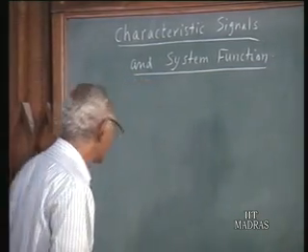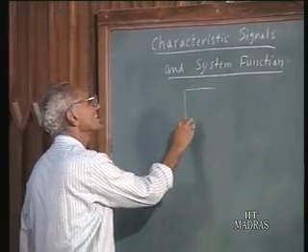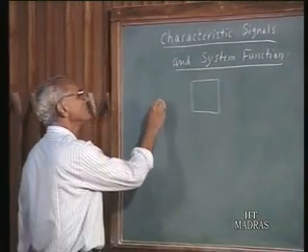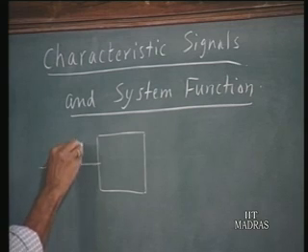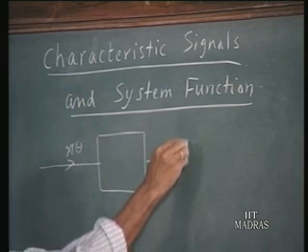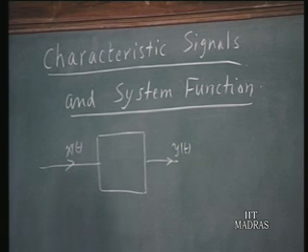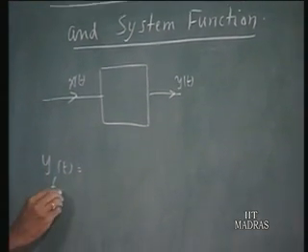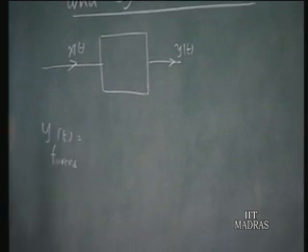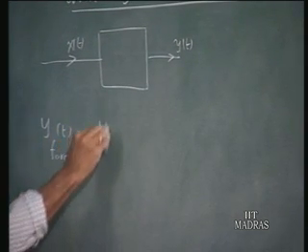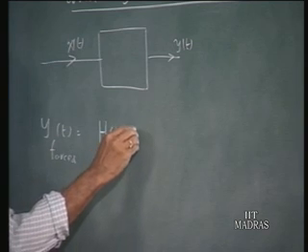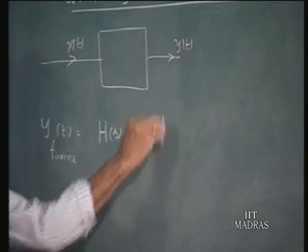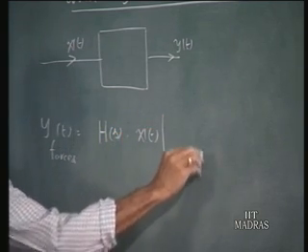So, what we have seen now is that if we are talking about a linear time invariant continuous time system represented by this black box with an input x(t) and an output y(t), then the forced response of the system, instead of particular integral solution, I am calling Y_F(s), that is forced response, is H(s) times x(t), if x(t) is a characteristic signal.